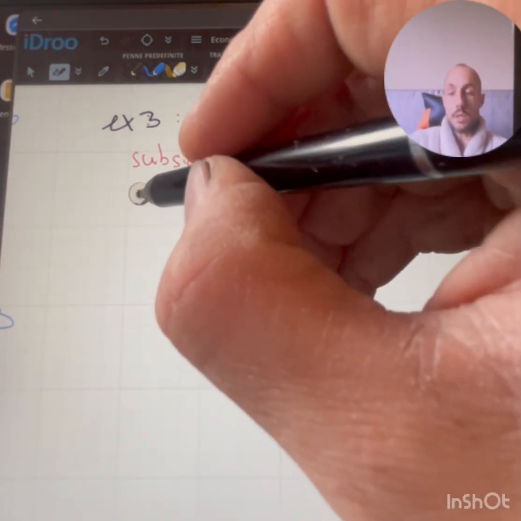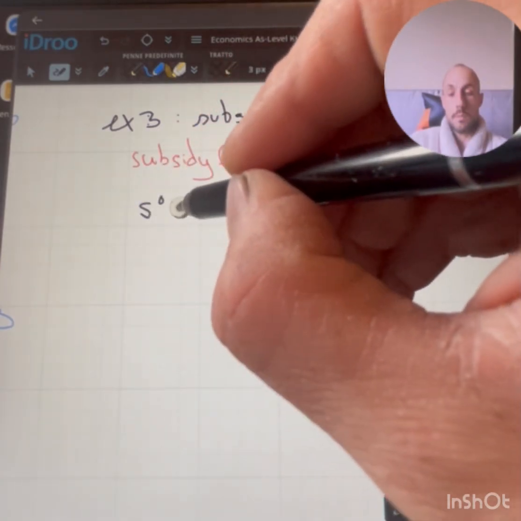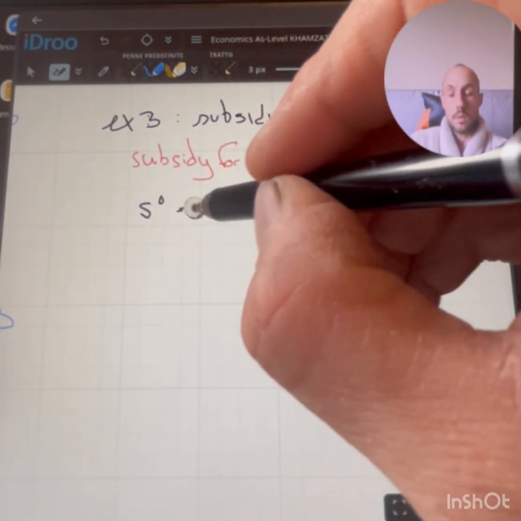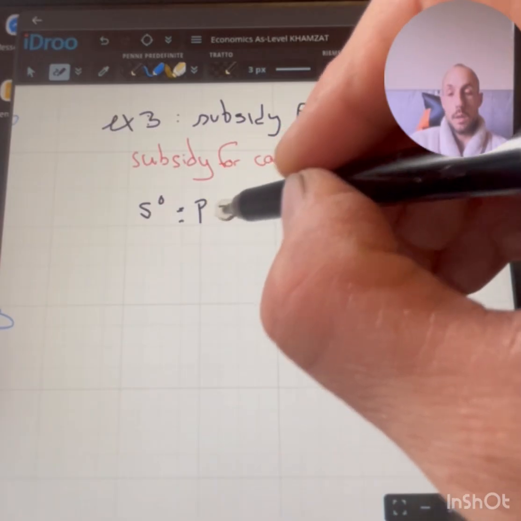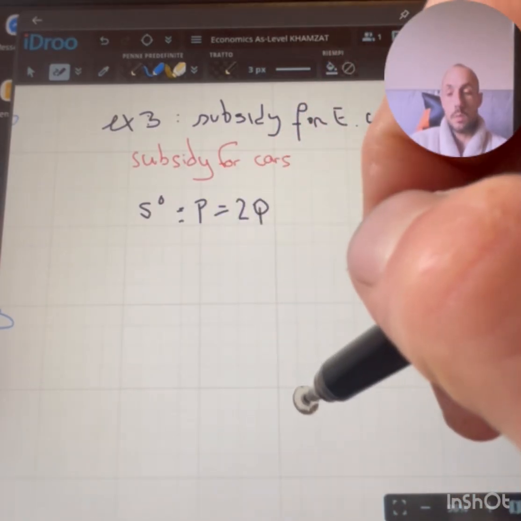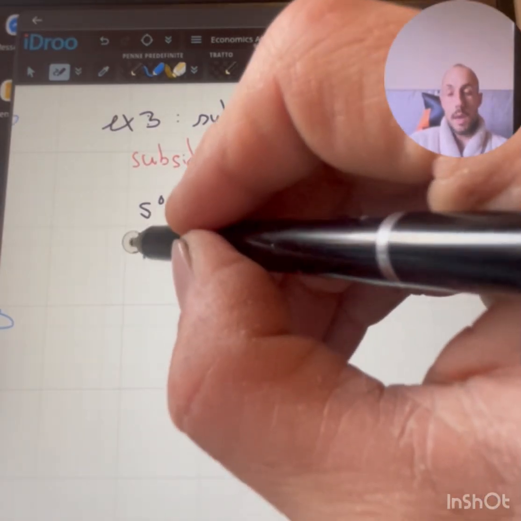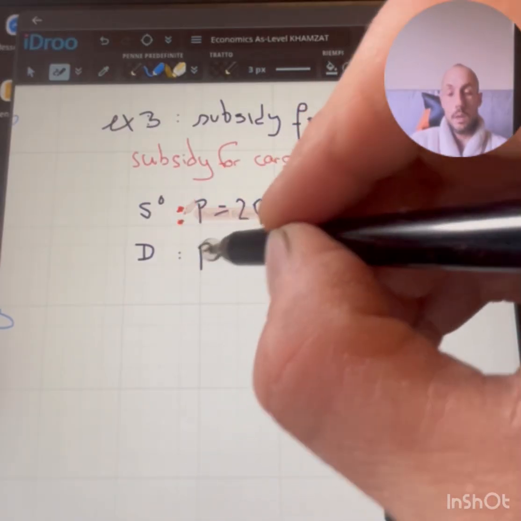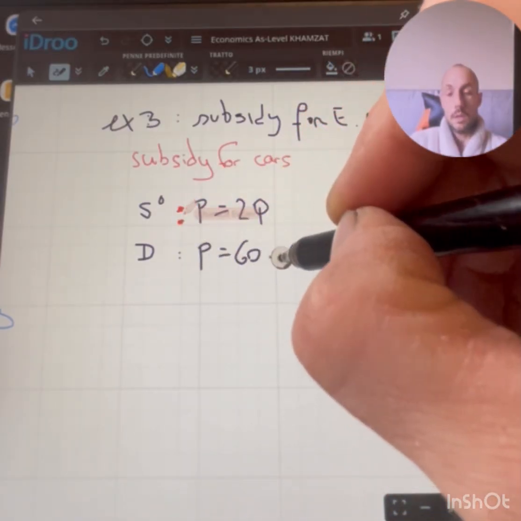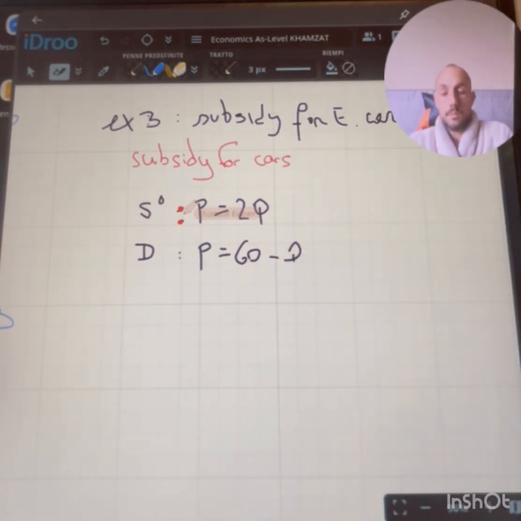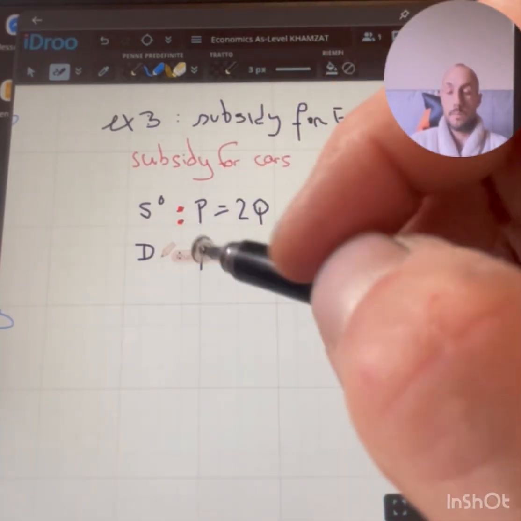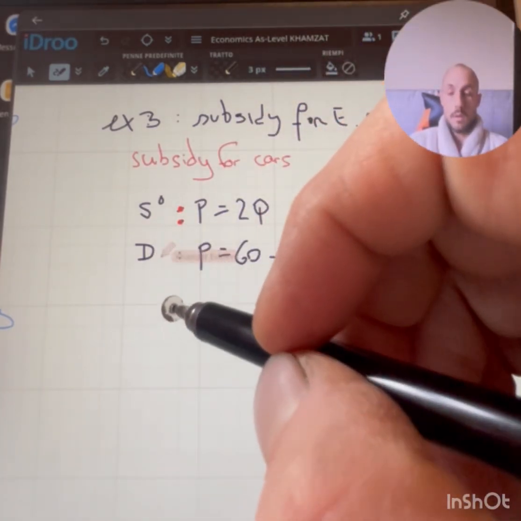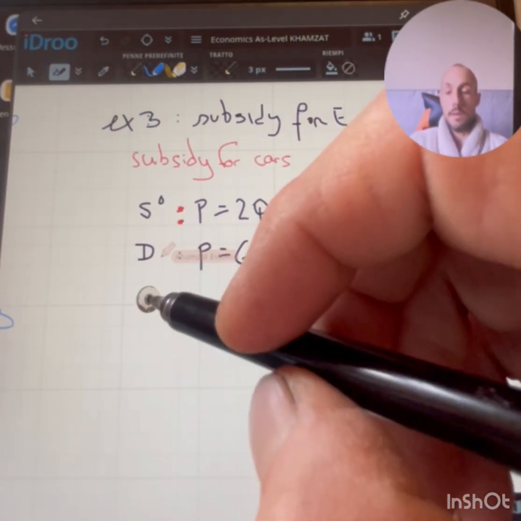So the original supply was P equals 2Q. The demand is P equals 60 minus Q. The demand doesn't change, since subsidies affect only suppliers. Exactly.